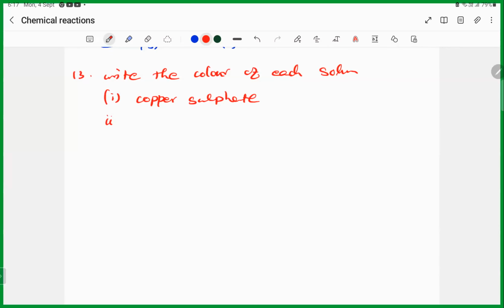Number 2, ferrous sulfate. Number 3, sodium sulfate. Number 4, barium chloride.